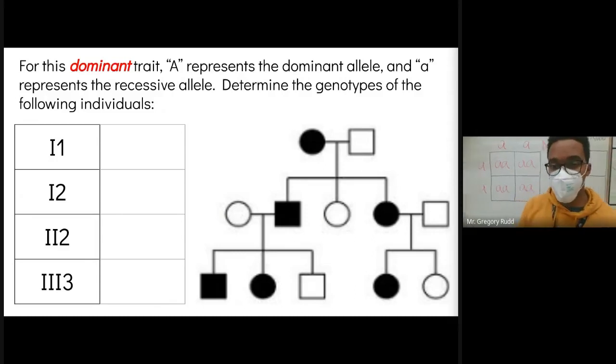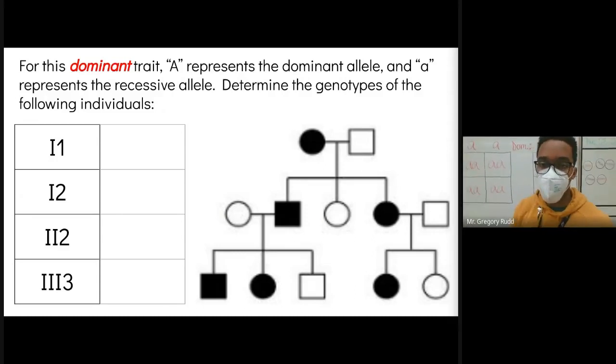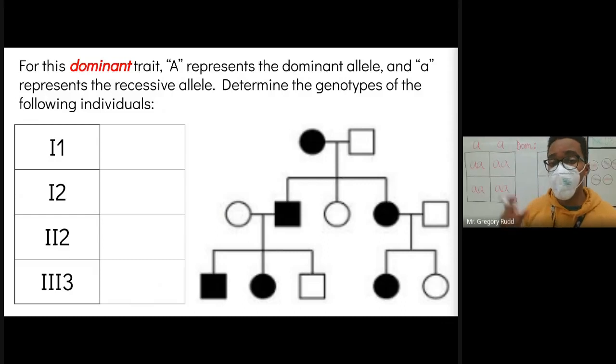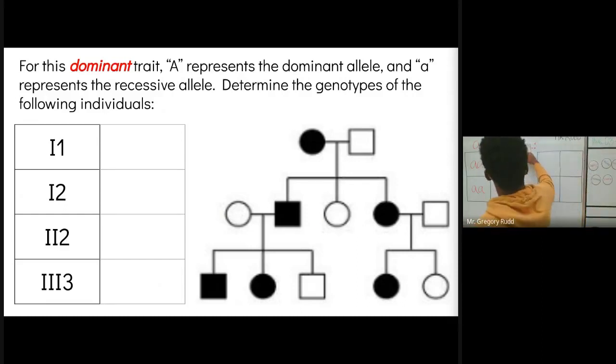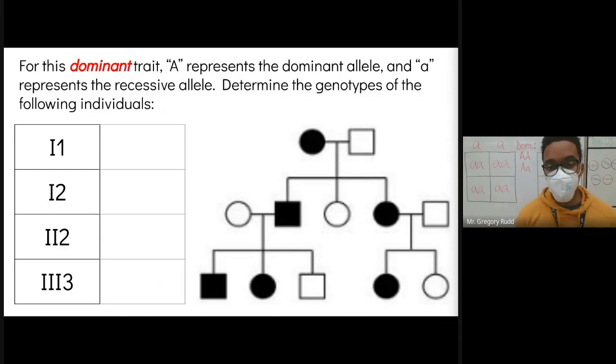In order to be affected by a dominant trait, of course, you need to have one dominant allele. That means you could be heterozygous, as Abigail tells us, or you could be homozygous dominant. Either one of those genotypes will make you affected. So just by looking at that single individual, we can't tell exactly what their genotype is. It can be one of these two things.